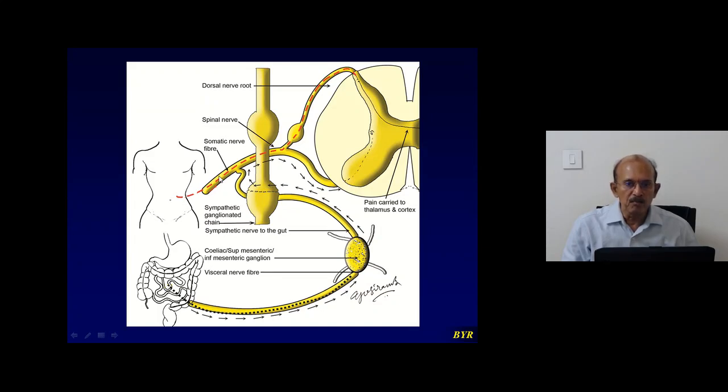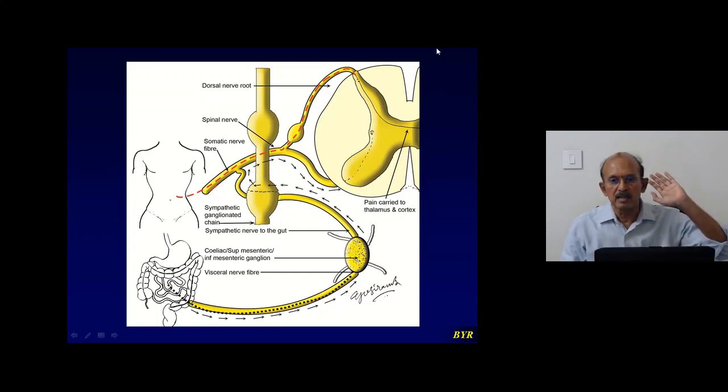So these fibers are going like this. That means these are the pain carrying fibers of the skin and the muscle, that means abdominal wall. The abdominal wall pain fibers go to the dorsal root ganglia, posterior horn cell, then they cross to the other side, they go to the cerebral cortex, postcentral gyrus, and they feel the pain there.